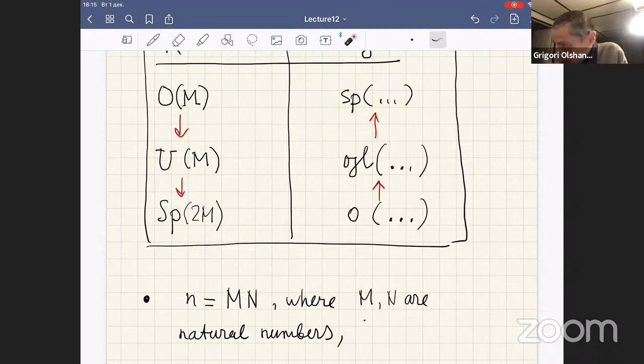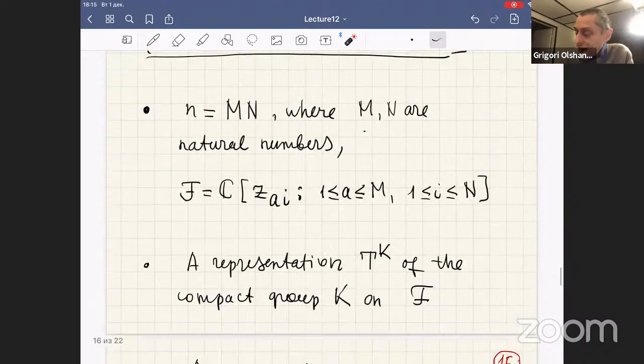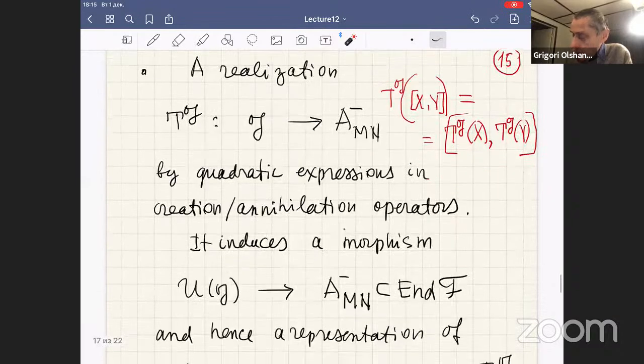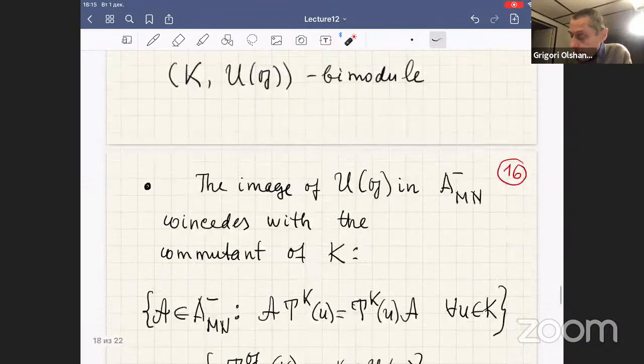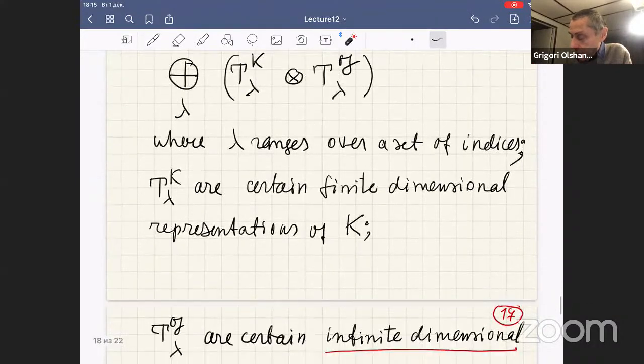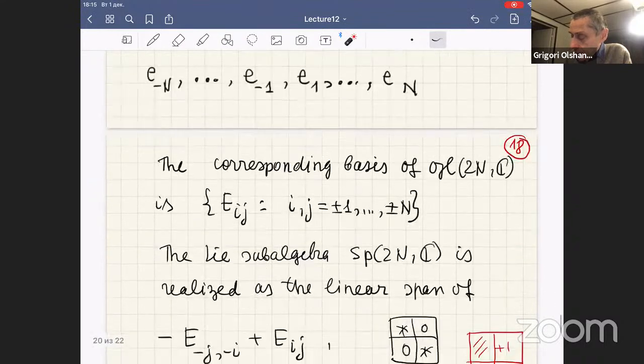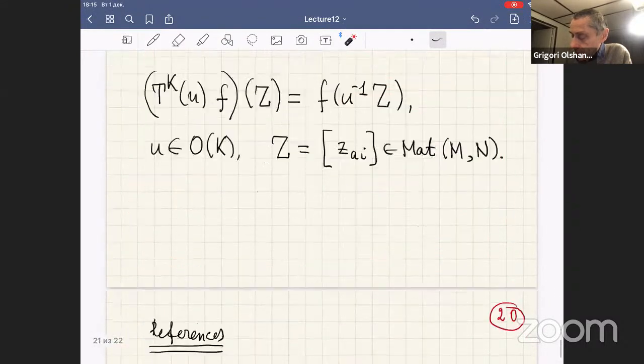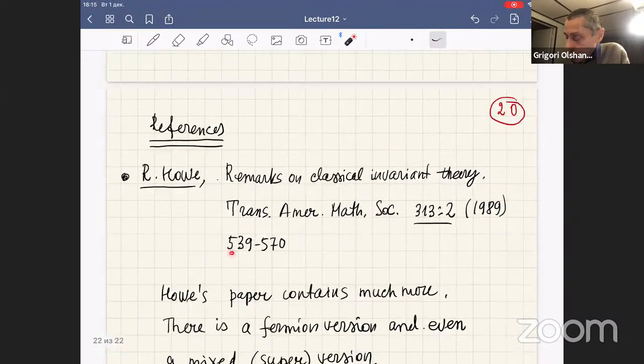Some beautiful picture. And all this and much, much more is explained in the great paper by Roger Howe. Here is the reference. Actually, this paper circulated as a preprint long before its publication. It appeared, I think, more than 10 years before.